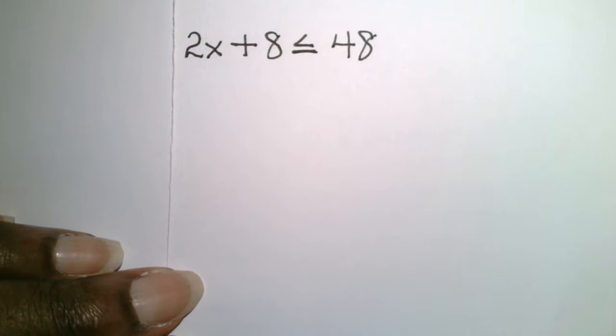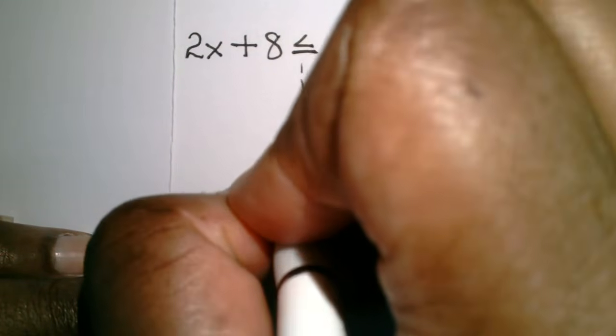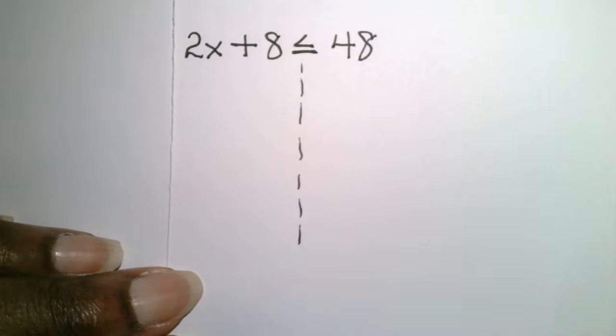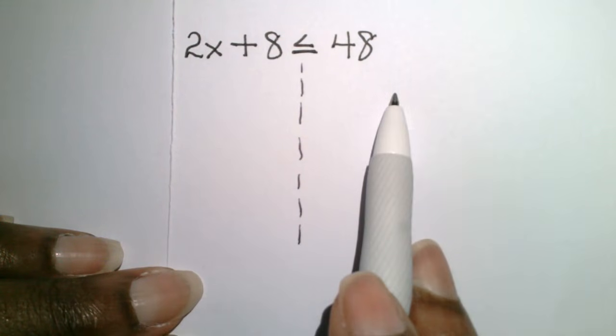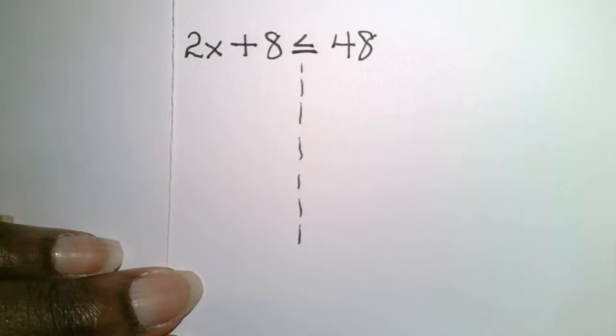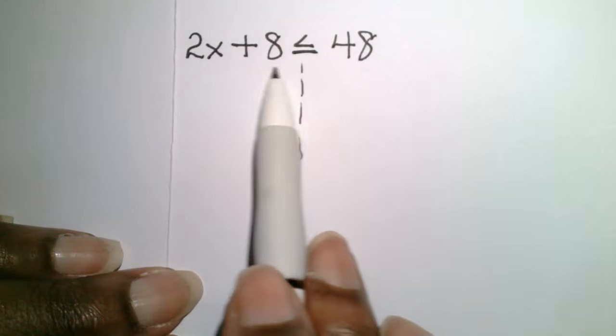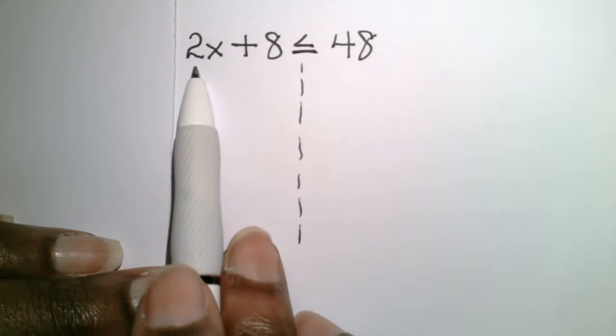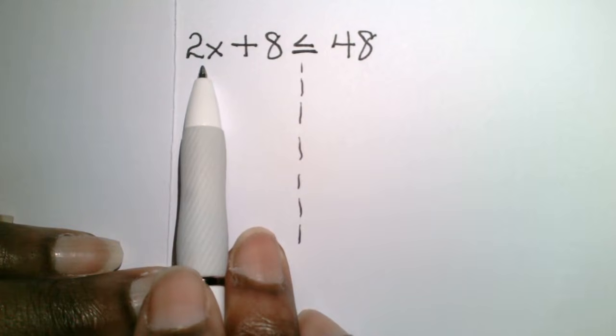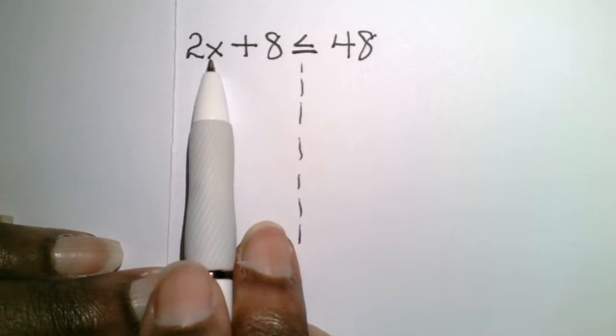Some teachers say inequalities, like equals, are like a wall. We have the left-hand side and we have the right-hand side. If there is only one variable written out, that variable is going to stay right where it is. Don't touch the x.